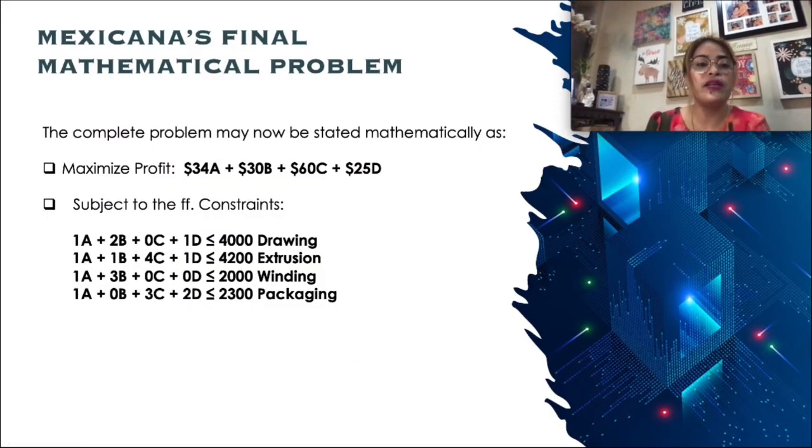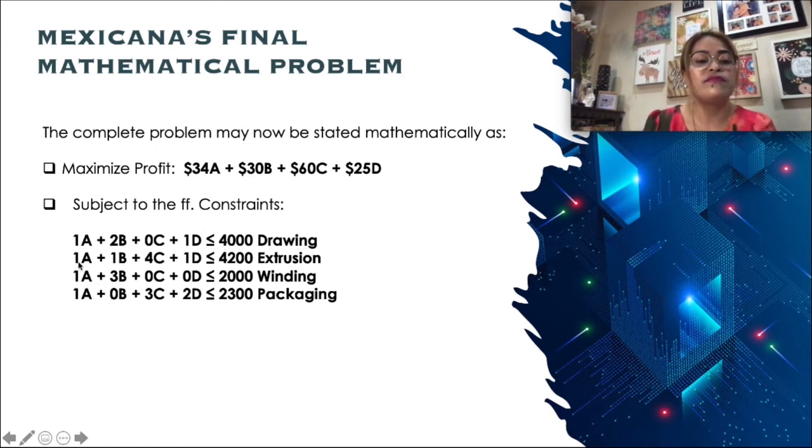Now, we finally arrive at Mexicana's final mathematical problem, which may be stated as: maximize profit $34 A plus $30 B plus $60 C plus $25 D, subject to the following constraints. 1A plus 2B plus 0C plus 1D must be less than or equal to 4,000 for drawing.